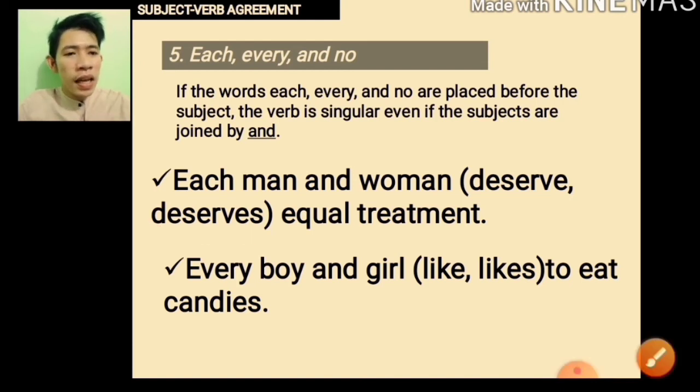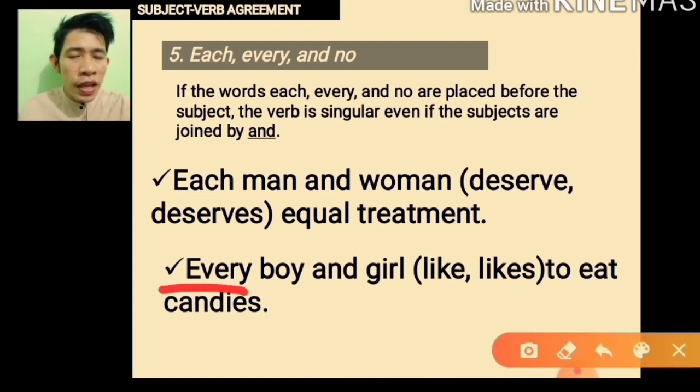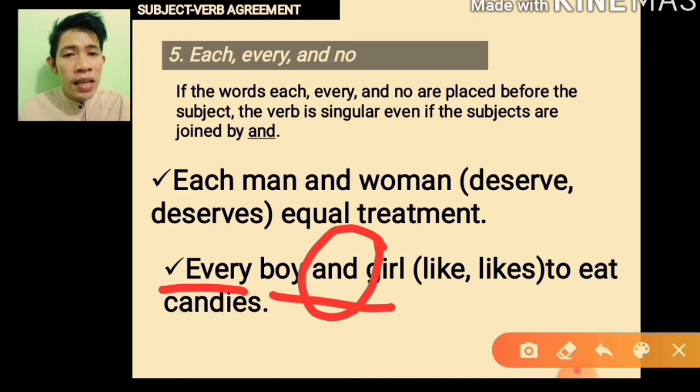Okay, another example. Every boy and girl likes to eat candies. Same scenario, we have every placed before the subject, and even if it's joined by and, still the verb that we'll be using is singular. Tama? So, the verb is likes.